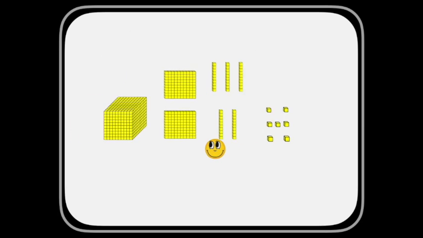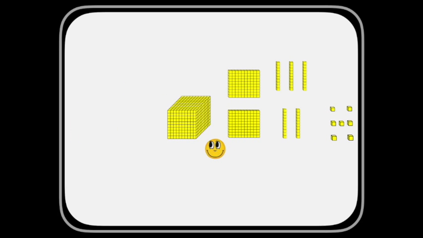Let's try another one. We'll just shift these cubes to the right a bit. What just happened to the values of every digit in our number? What's the new unit? Pause the video and have a talk with your team. The decimal names the unit, and the unit is the large cube. So now I know that these are tenths because it takes 10 of them to make the whole.